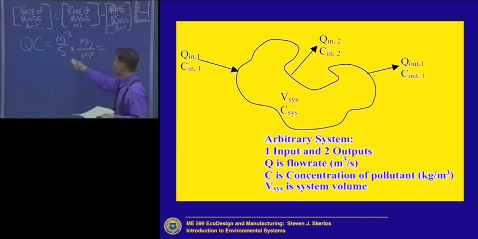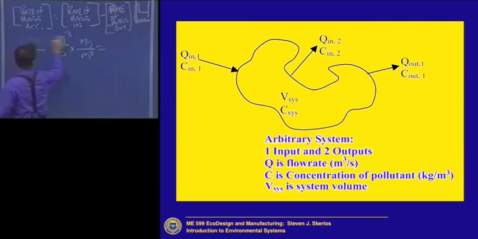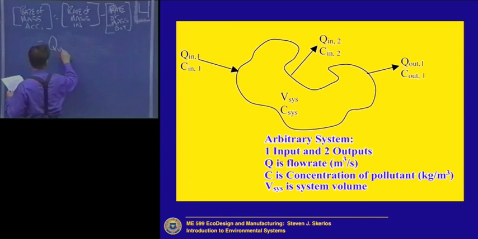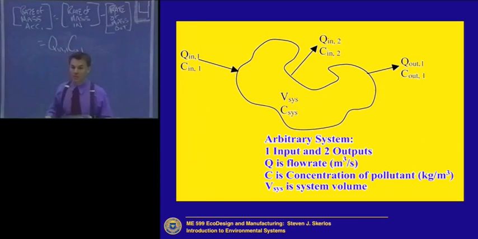Of course, you've got to make sure the units are consistent. So I could just multiply Q and C together, and that would tell me the rate of mass coming in. So I will go ahead and write Q in, C in. That is the rate that mass is coming in.